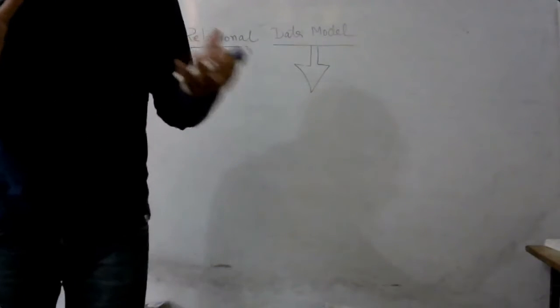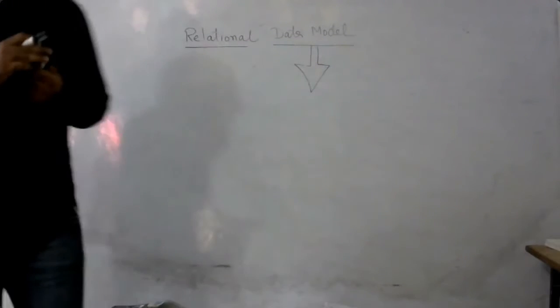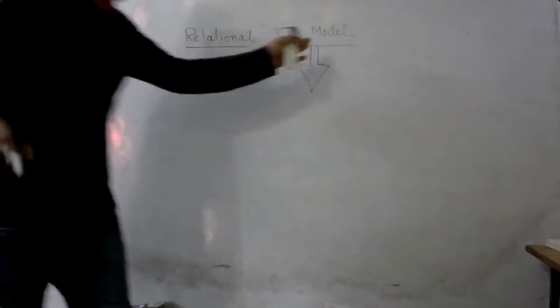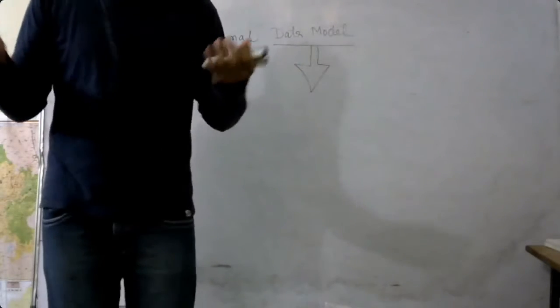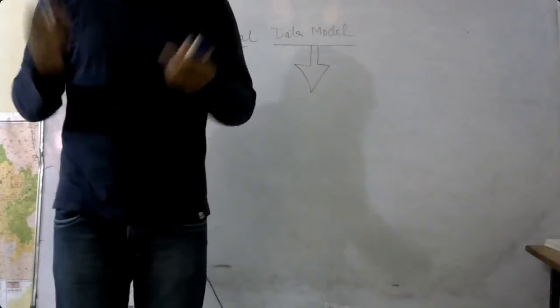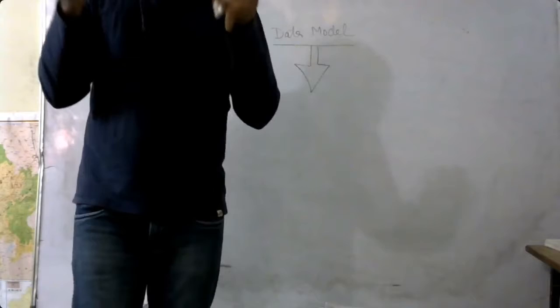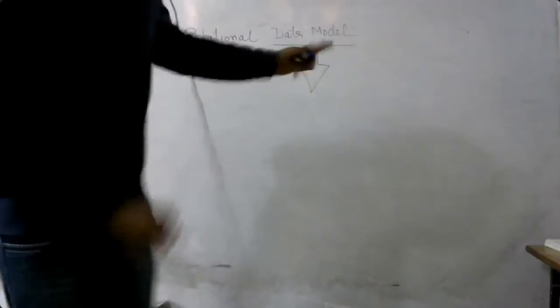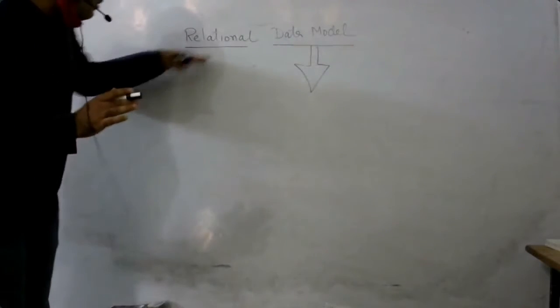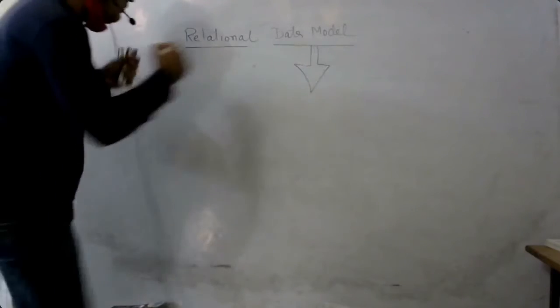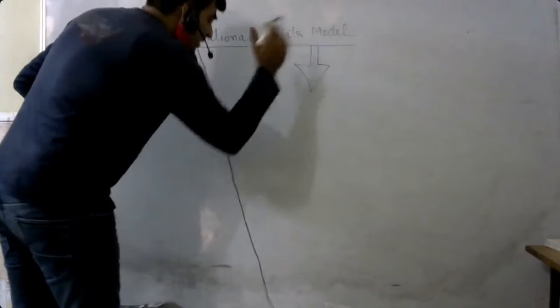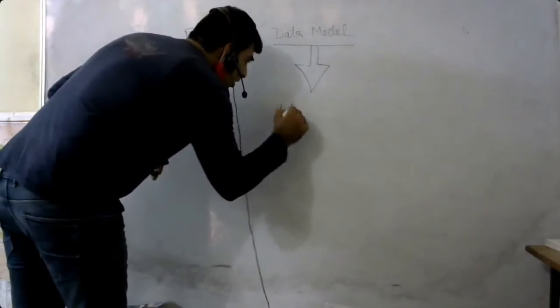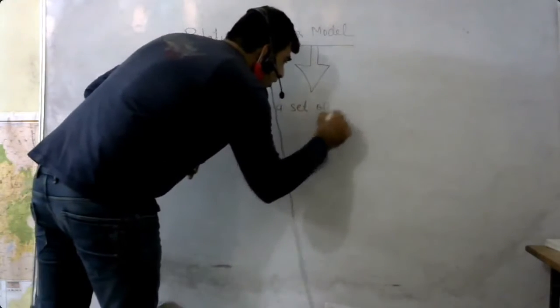A data model is a set of concepts. You might have some concepts in your mind, and all those concepts you have put somewhere and made a model. Similarly, when we talk about relational data model, the very first term is model. What is data model? A set of concepts.